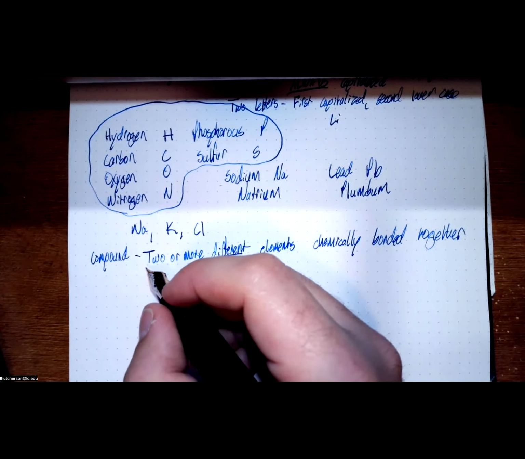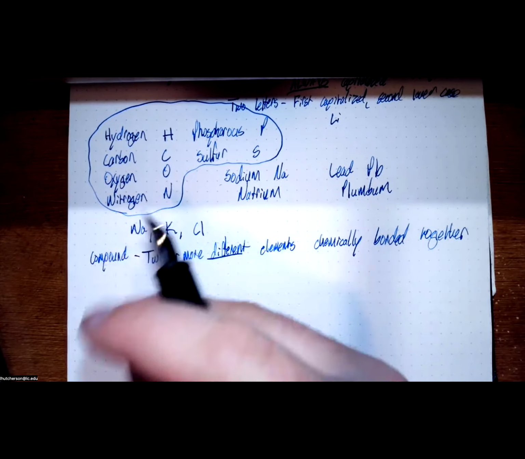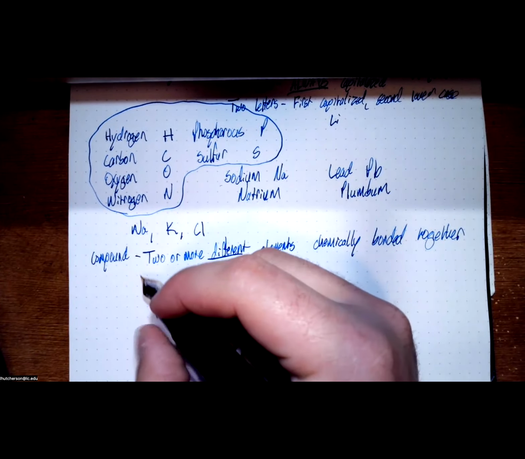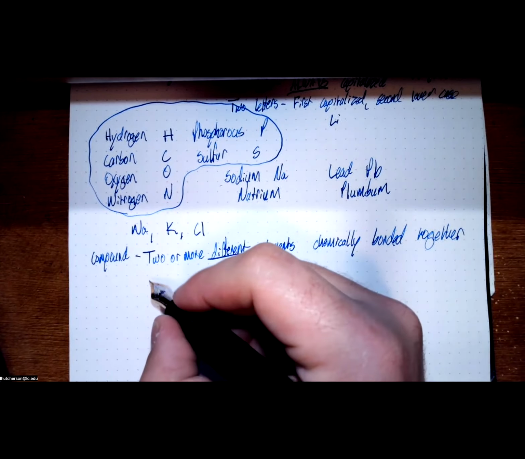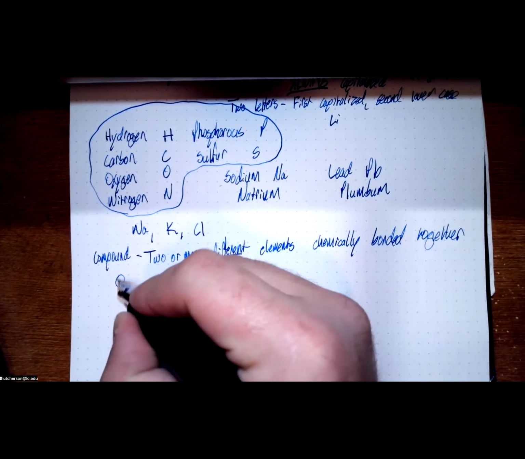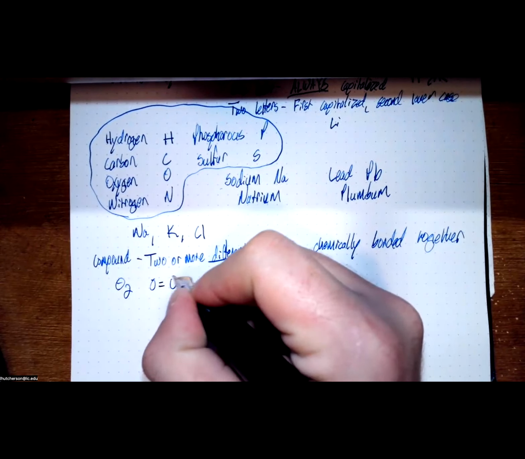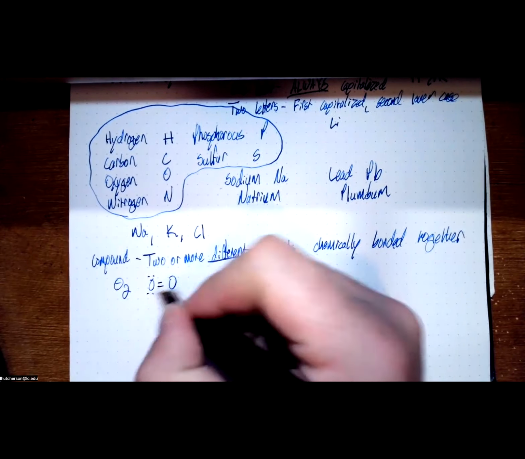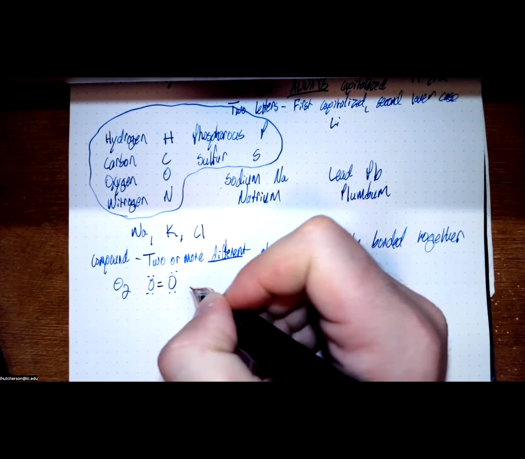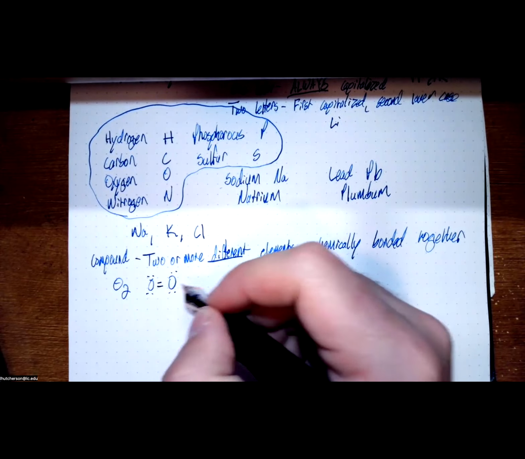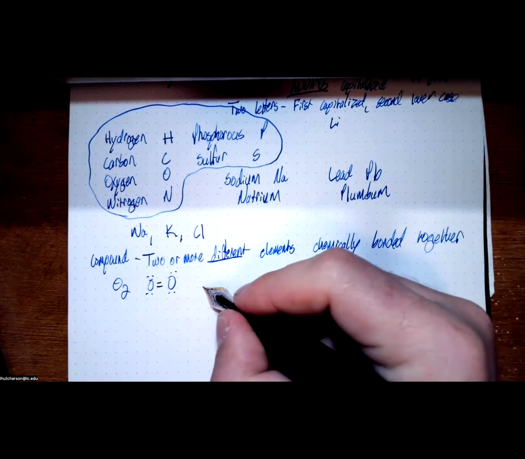Now, just to kind of make a point of this, if we have two or more of the same element, so just for example, O2, that is the normal elemental form of oxygen, looks something like this. This is not a compound, right? This is just two oxygens bonded together.